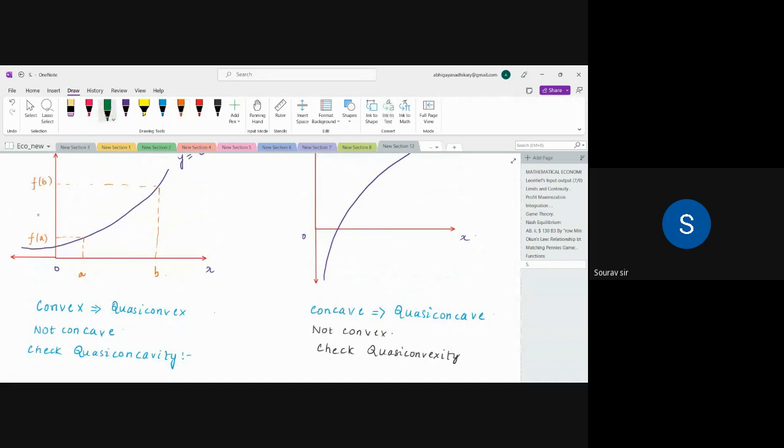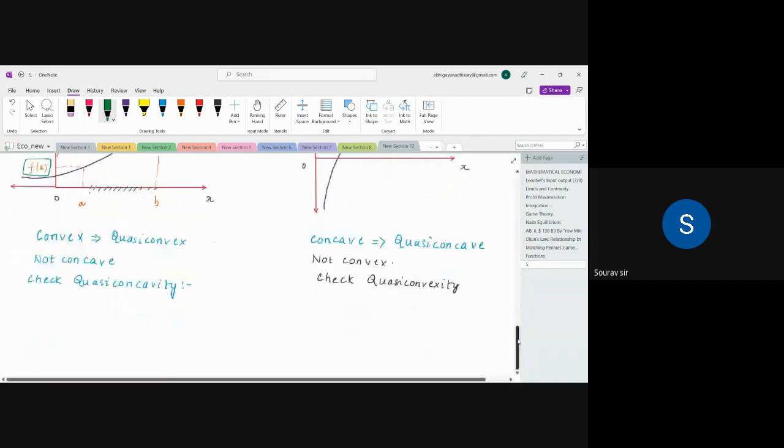What is the minimum of these two? F of b. Correct. So if I take any point in between this range a and b, the functional value will always be greater than or equal to f of a. Correct. Therefore, the function is quasi-concave. Right. The functional value of lambda a plus 1 minus lambda b is always greater than or equal to the function of a. Therefore, this function is quasi-concave. Is this logic understood by all of you?